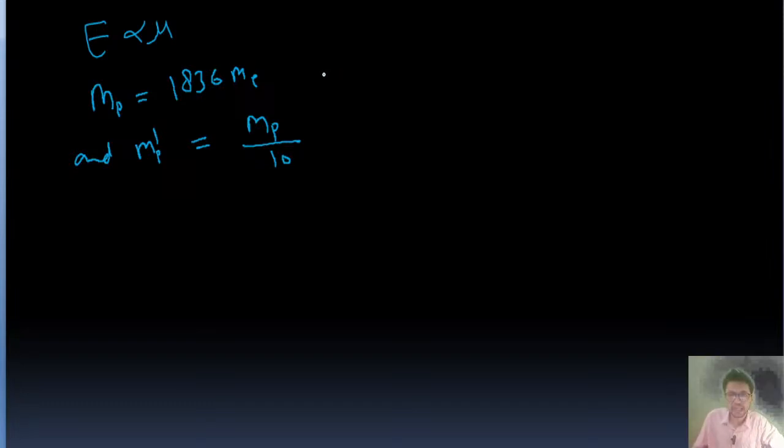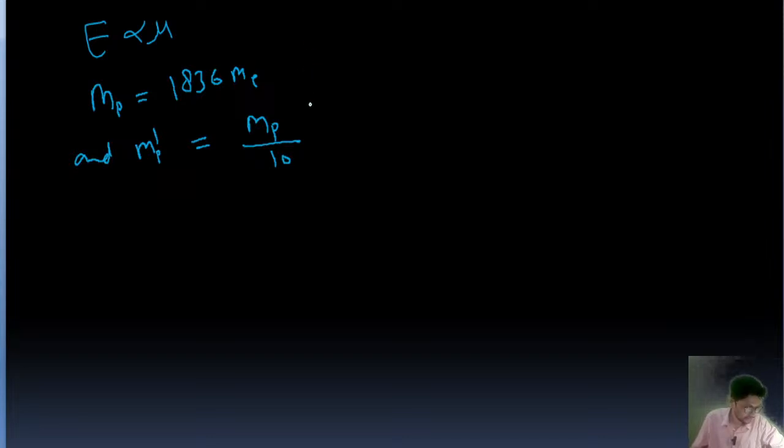So we know, guys, I have told you, E is proportional to mu, right? This I have already explained. And we know the mass of proton is 1836 times the mass of electron. This we also know, right? And m dash p, that is the new mass of proton, as per the question, is mp upon 10, right? 10 times lighter means mp upon 10.